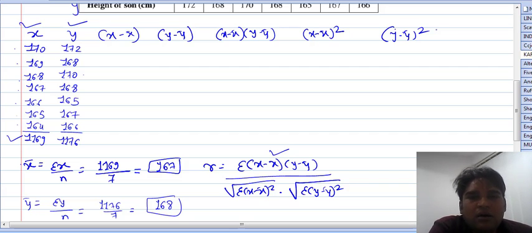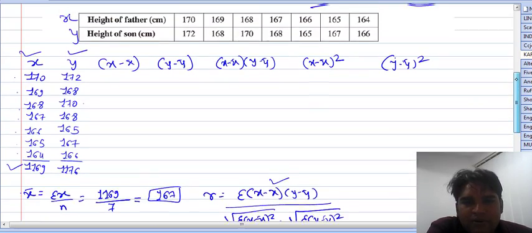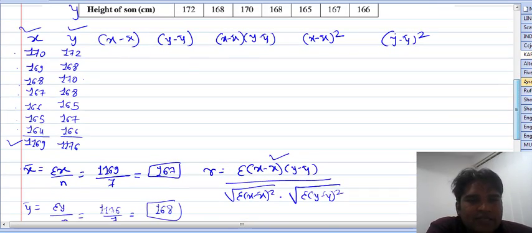Always prepare the column on the basis of formula. Now simple x minus x bar, we will take the deviation. So you can see this is my x, 170, and x bar is 167. So 170 minus 167, so 3, right?